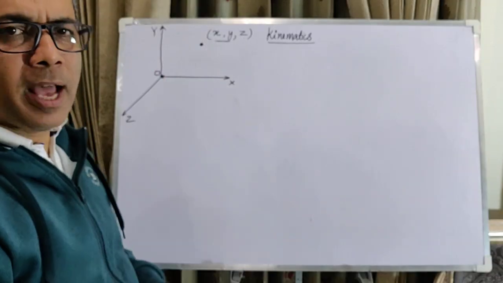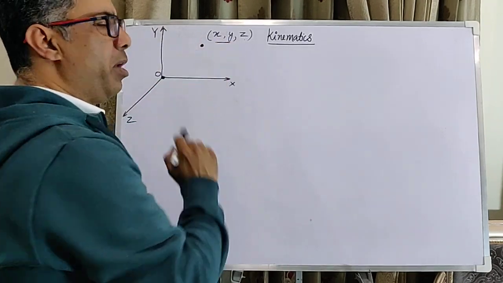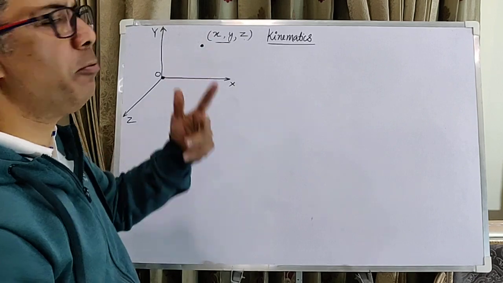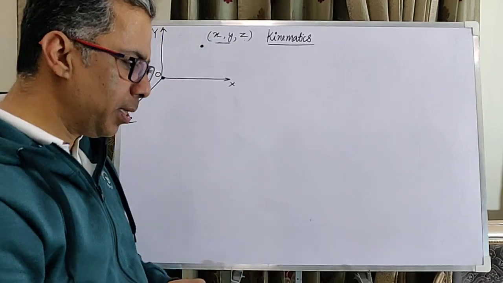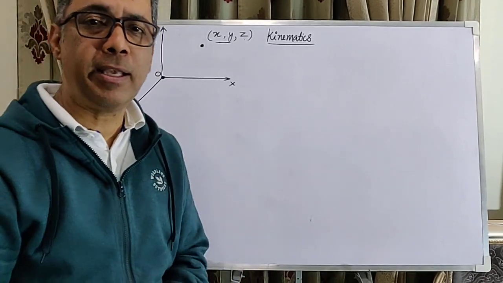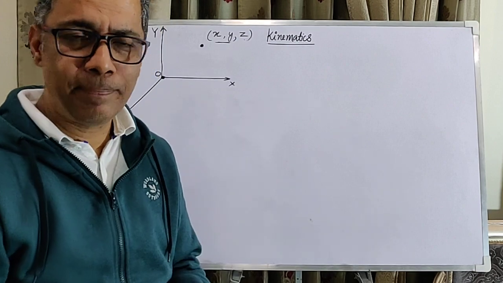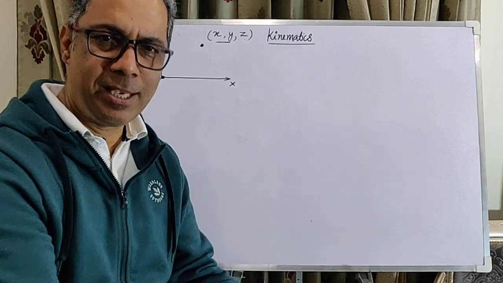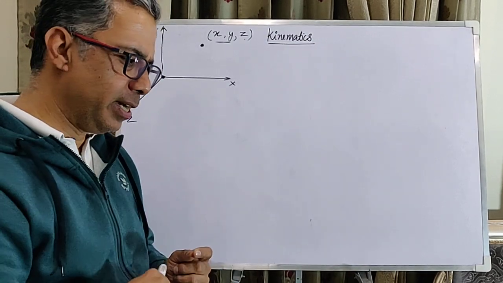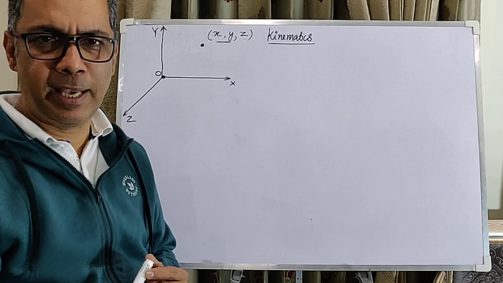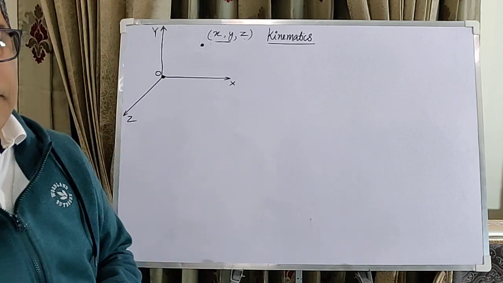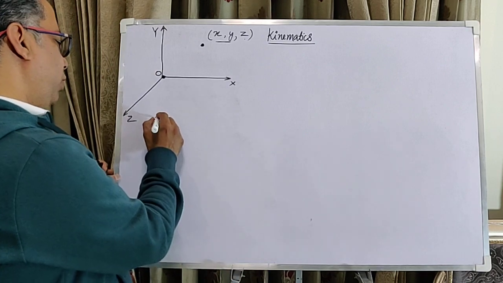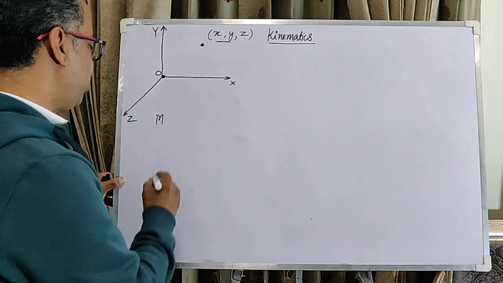In a general kind of motion, all these three coordinates might actually be changing, and that would be the most general case of motion. But that most general case is a complex one, and we do not start studying complex things right away. We will be studying the simplest possible case of motion, and that is motion along a straight line, which would be called one-dimensional motion.